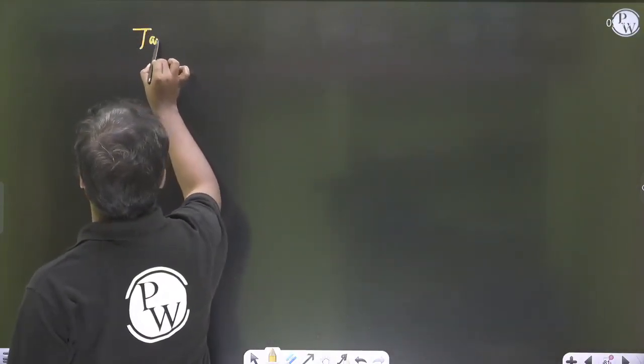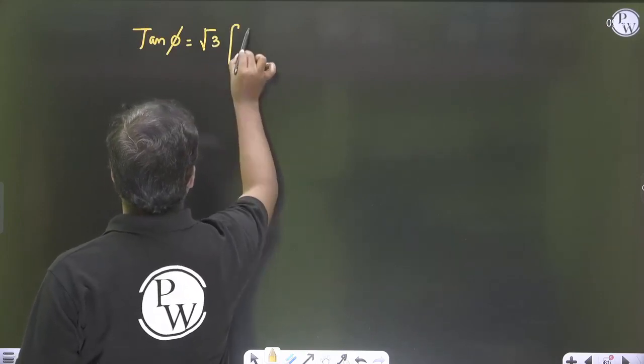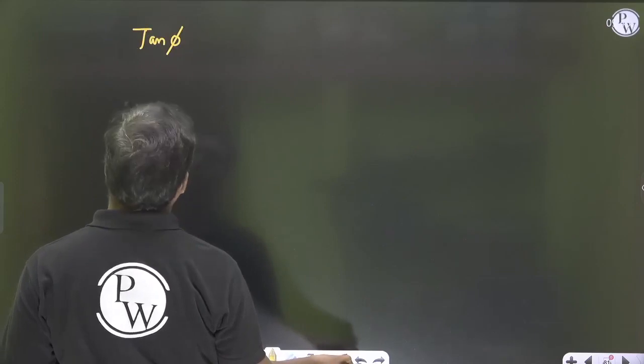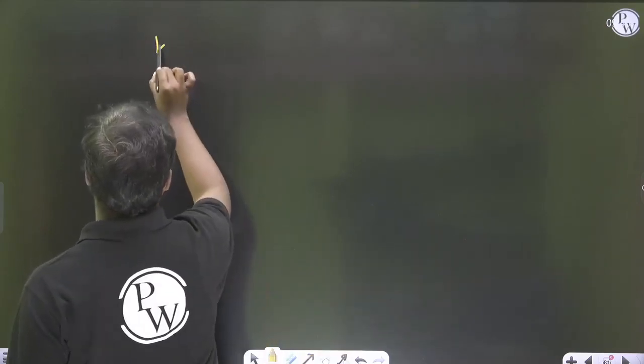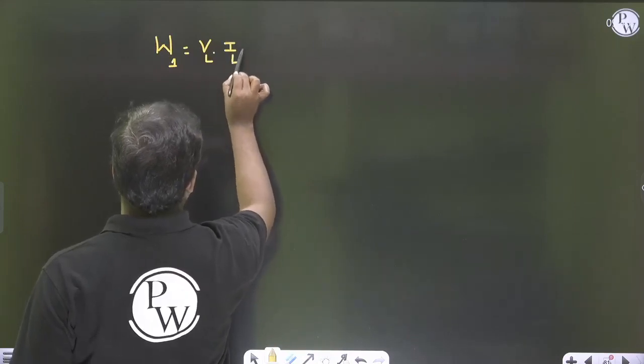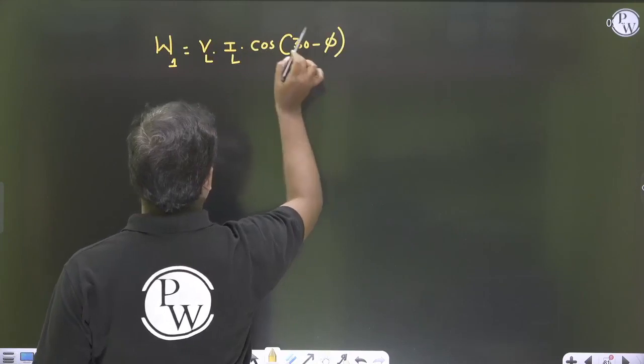As you know, the fundamental formula tan phi equals √3 times (W1 minus W2) over (W1 plus W2), you can remember this, or you can go for the cos phi formula. First formula: W1 is equal to VL IL cos of (30 minus phi).